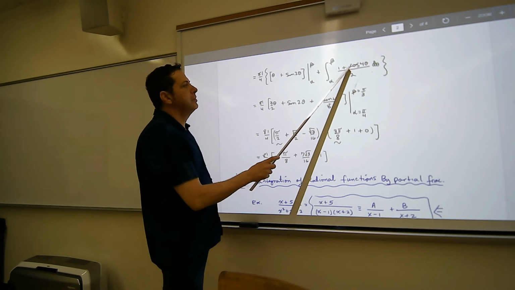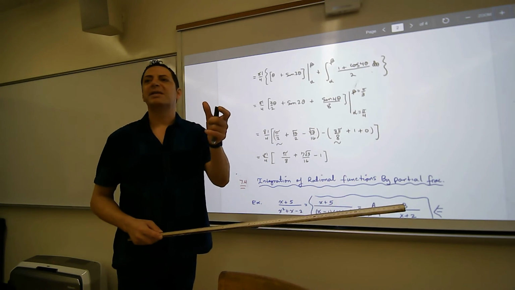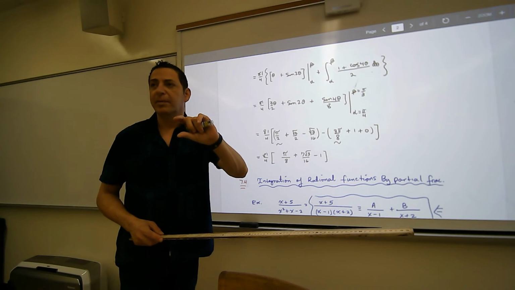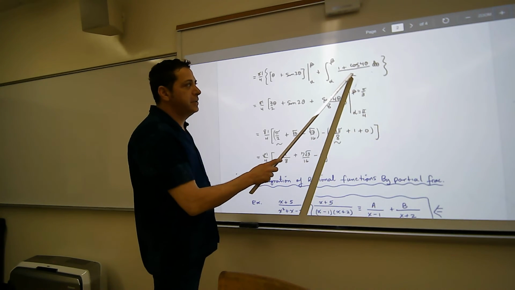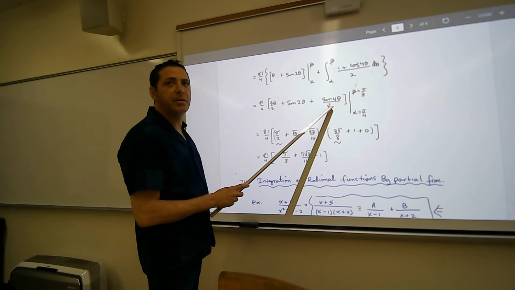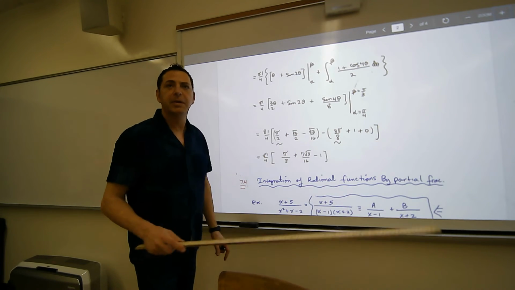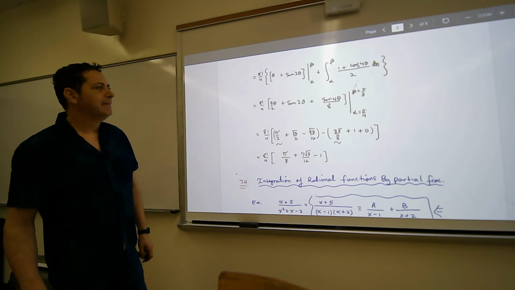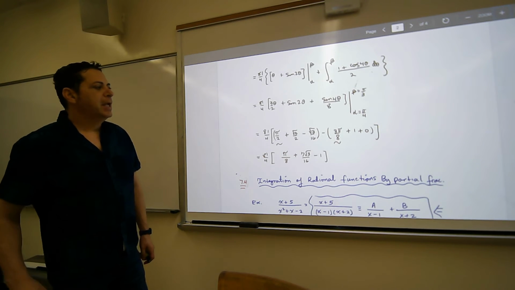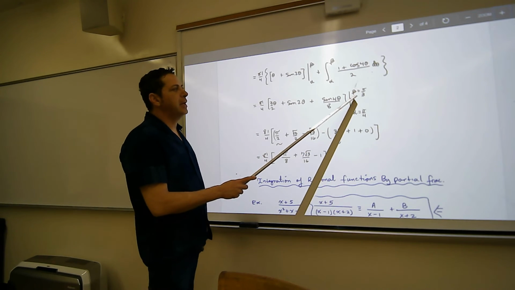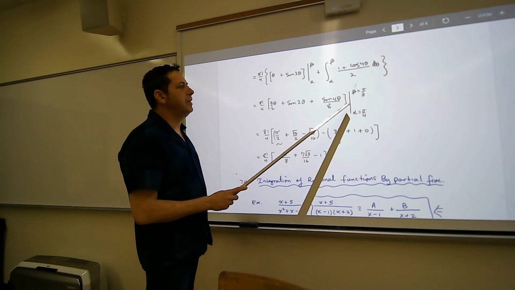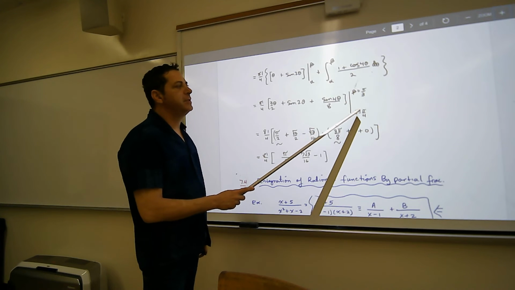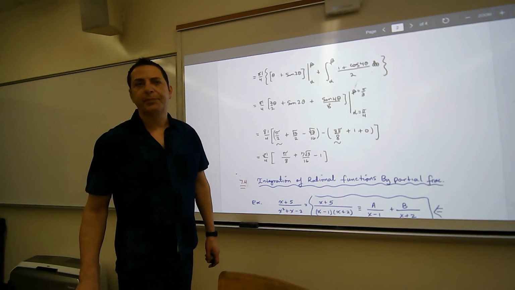And then for cosine 4 theta, the antiderivative is sine 4 theta over 4. There was a 2 already, that's why the over 8. And it looks like I chose to figure out what the new limits of integration are.